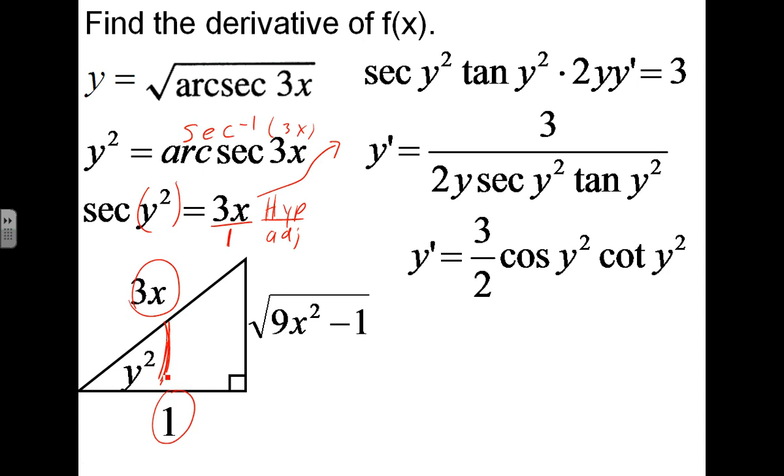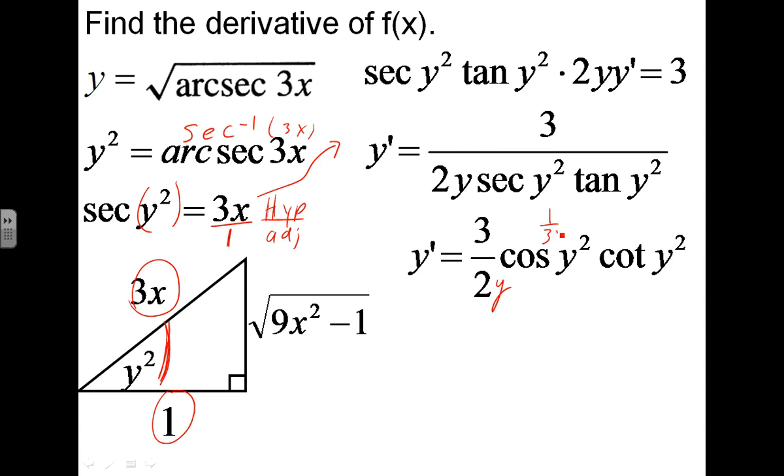All right. Let's see. Where'd the 2y go? I've got cosine of y squared, cotangent of y squared. There should be a y down here also with the 2. So the cosine of y squared is pretty easy. That's going to be 1 over 3x.